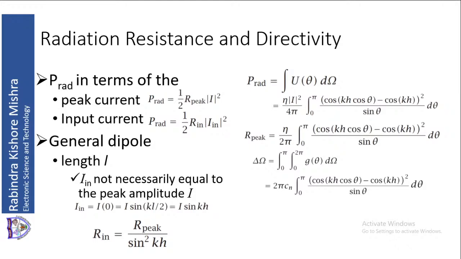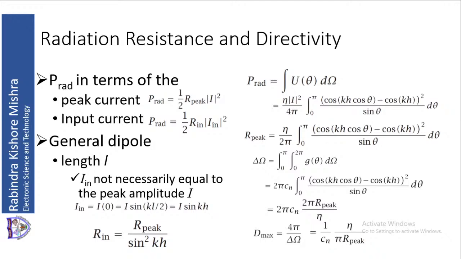Using that we get cos(kh cos theta) minus cos kh whole square by sin theta d theta. So this is equal to 2 pi Cn into 2 pi by eta into R peak. Then we have found delta omega, and we find D max. D max is equal to 4 pi by delta omega, which we find as 1 by Cn into eta by pi R peak.